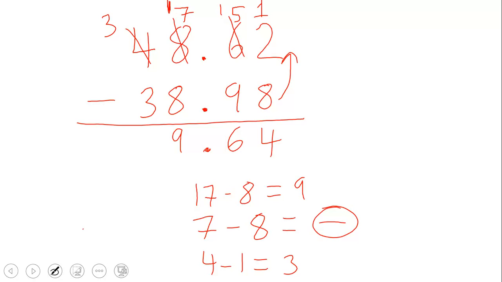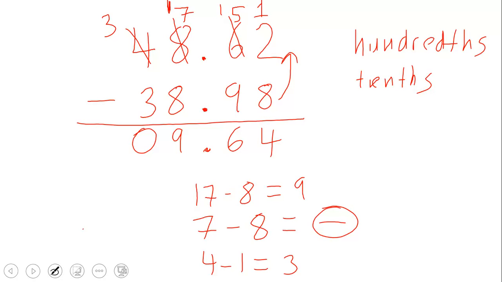Now, for the last column, we have 3 minus 3, which is 0. Notice that the column that contains 2 and 8 is the hundredths column. The column with the 6 and the 9 is the tenths column.